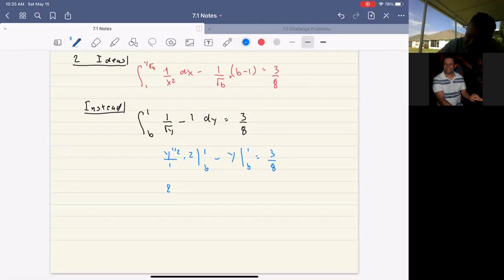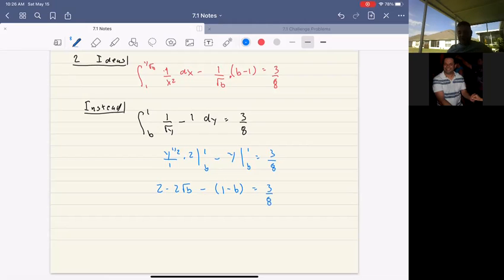So 2 root b minus, 2 minus 2 root b, minus 1 minus b should equal 3/8.